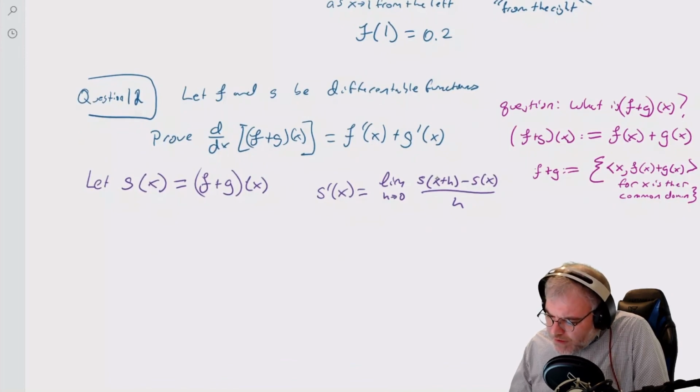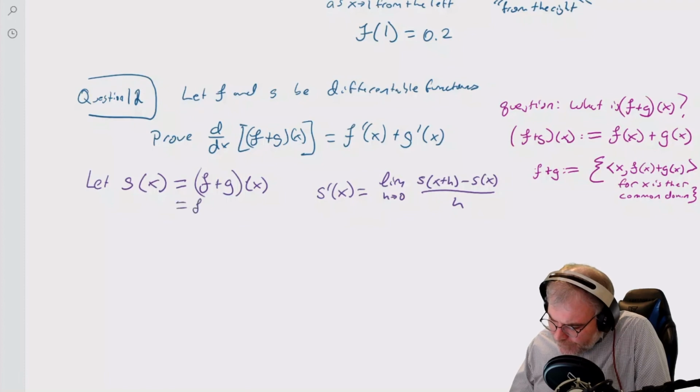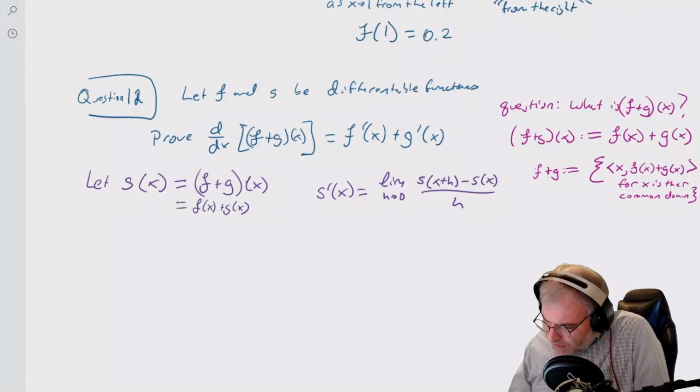Now what I'm going to do is take this S and ask, what is S of X plus H? By the definition of S, and you have to be careful here because this is not multiplication, it's this. And here's the part that's going to be brutal: you have to keep that X plus H together.